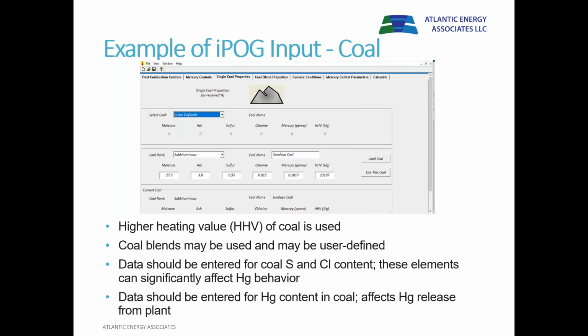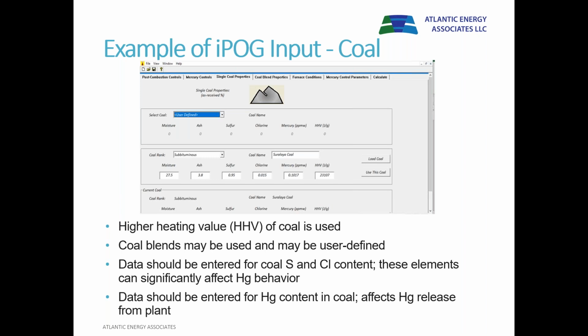The input includes higher heating value. In this case, we're using sub-bituminous coal, which is somewhat typical for Indonesia, with what we would describe in the US as low sulfur coal. However, in Indonesia it is pretty high. Reasonable chlorine, fairly high mercury concentration, 100 ppb.